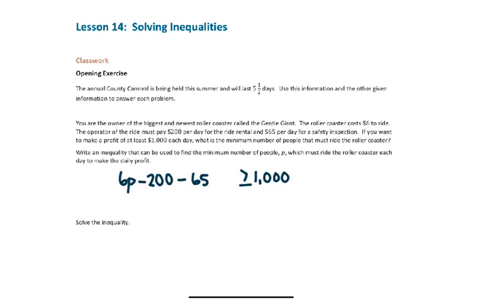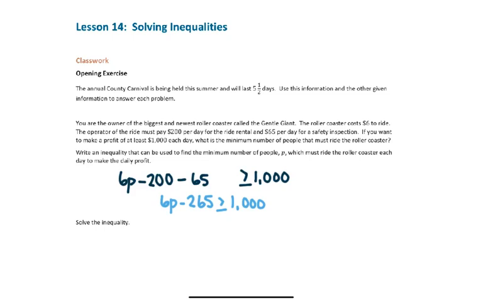Now we just have to solve this inequality, and we're going to do that firstly by combining like terms. If I take negative 200 and subtract 65, I end up with 6P minus 265 is greater than or equal to 1,000.